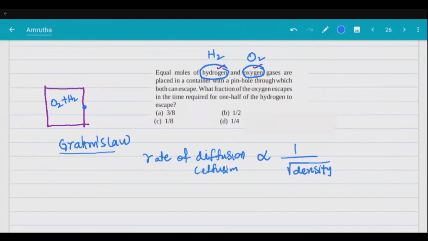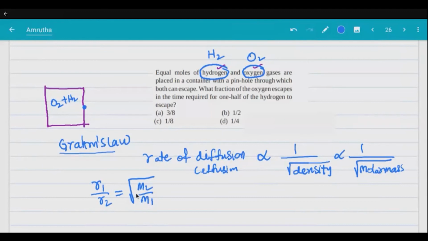Now this question can be solved easily. What I can write: if more is the moles, more gas can escape. Or this is inversely related to molar mass. If density is not given, we can use molar mass also. Higher mass, lower the speed. Rate of diffusion is basically speed. R1 by R2 is equal to root M2 by M1.